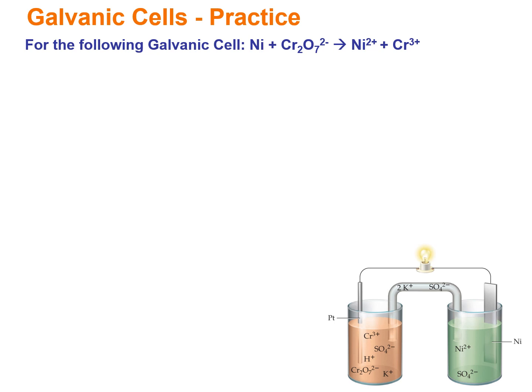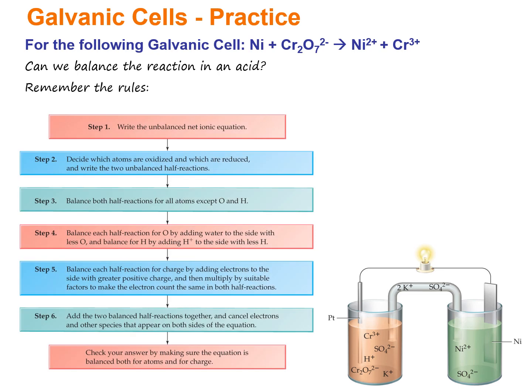Okay, so let's review how we balance a redox reaction in an acid or base. This is something that we covered last semester, but it's been some time since you looked at it, so it would be good to go over it again. So we're going to look at balancing it in an acid, and here are the rules that we use to balance it. The first is just to write the unbalanced net ionic equation.